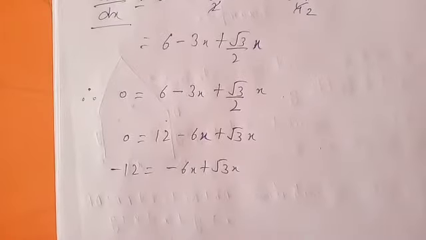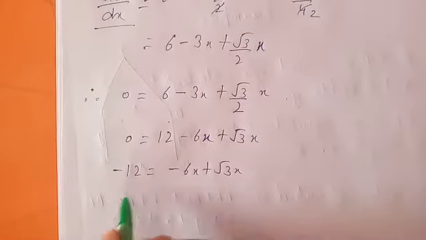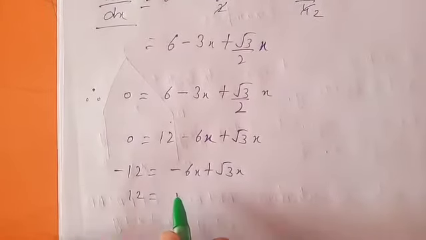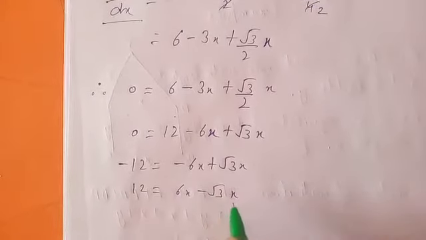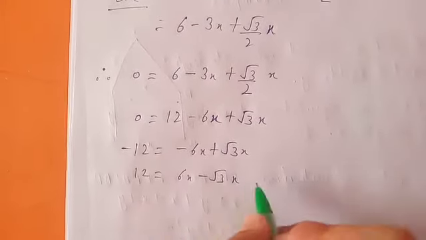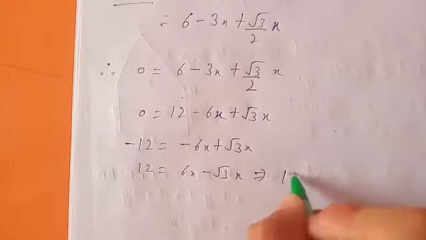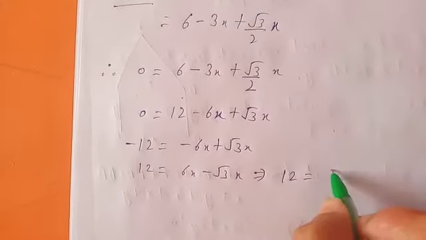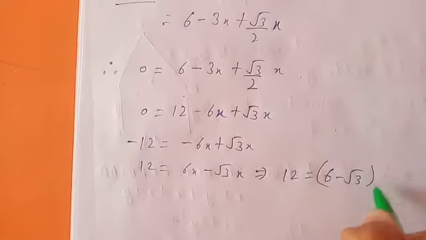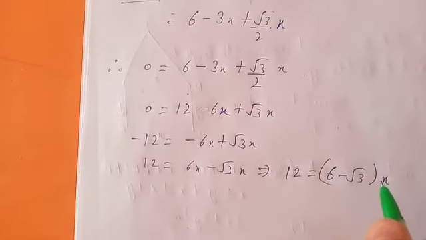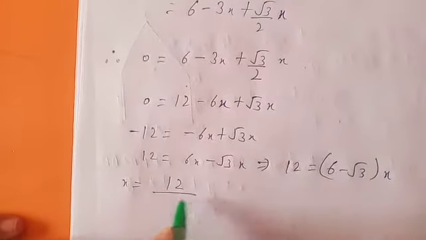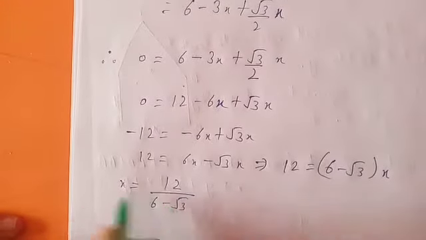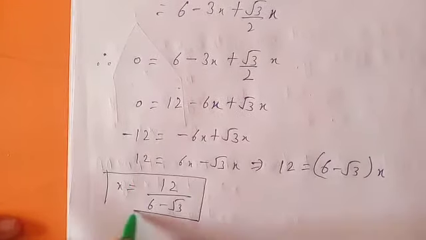If I take minus common from here, I get 12 is equal to 6x minus root 3x. I can take x common from here, that becomes 12 is equal to (6 minus root 3) x. Understood? Now from here we get the value of x as 12 by (6 minus root 3).